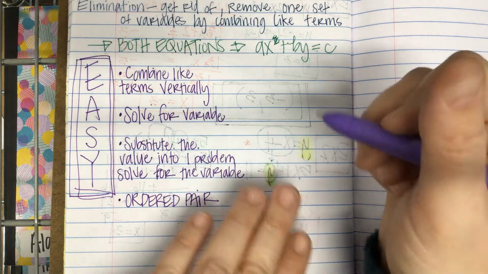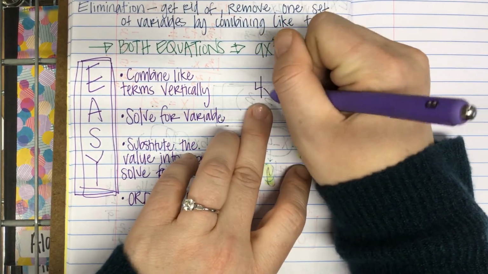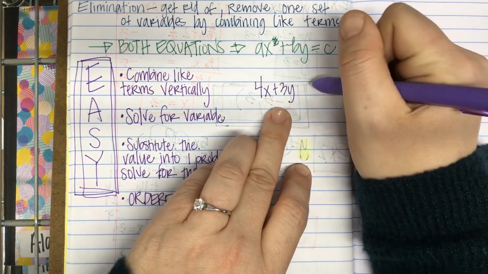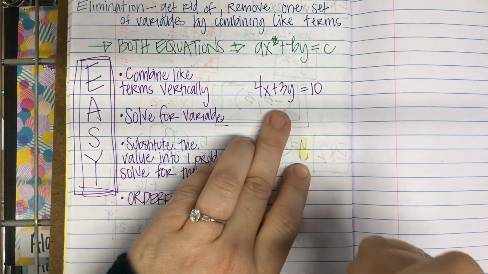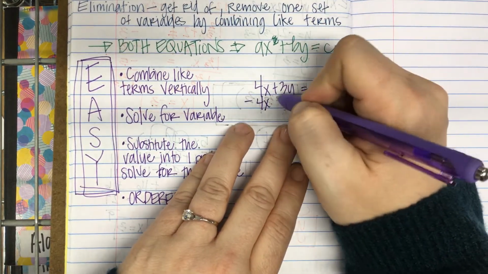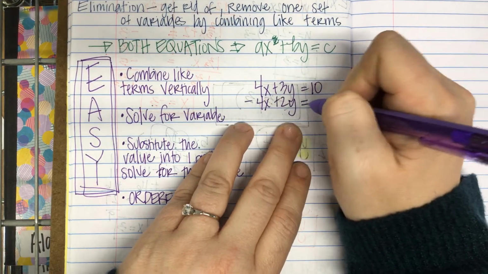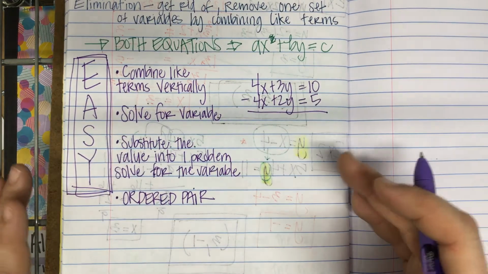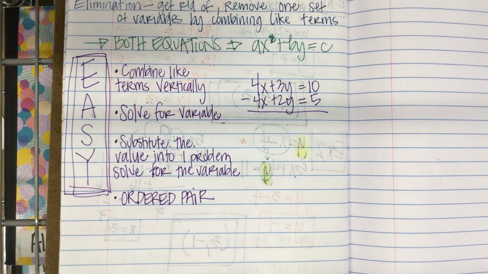For example, 4x plus 3y equals 10 and negative 4x plus 2y equals 5. This is a system. There are two equations.